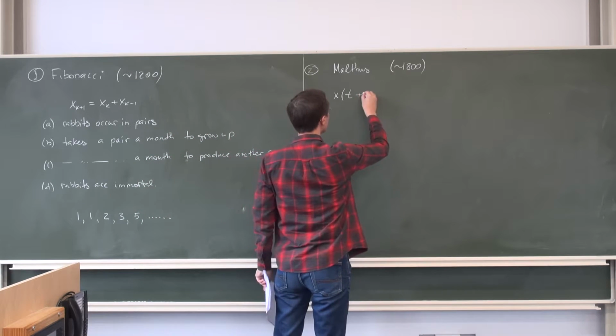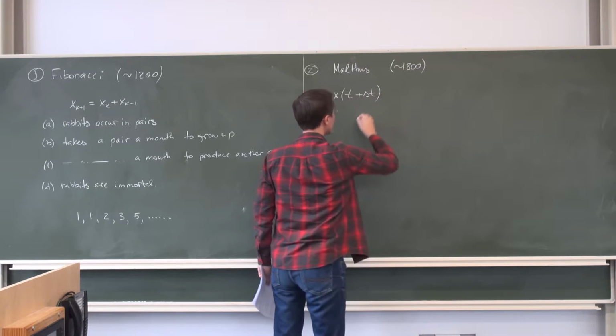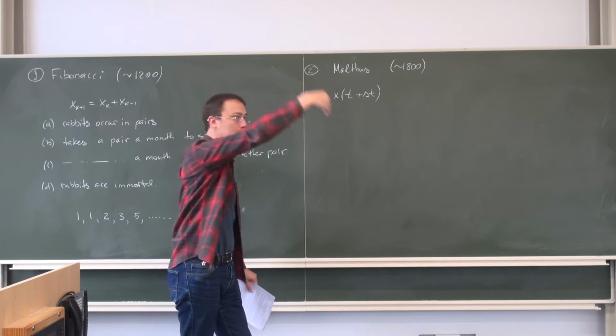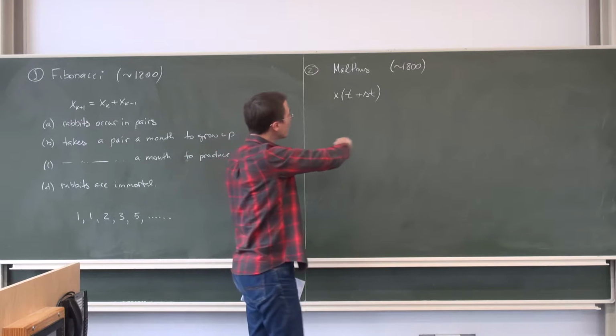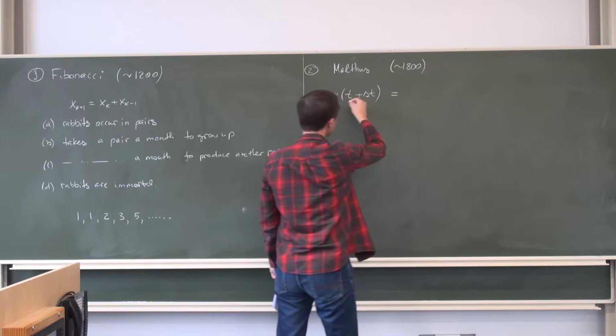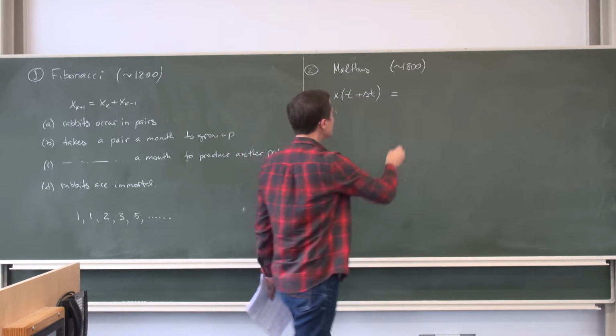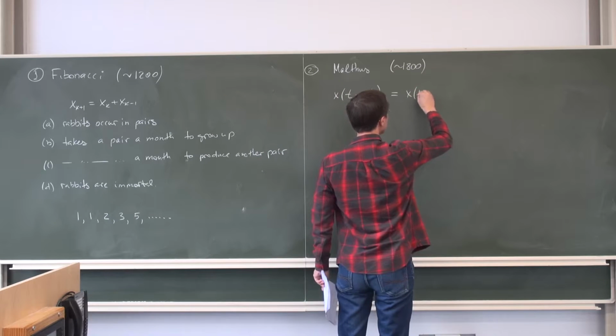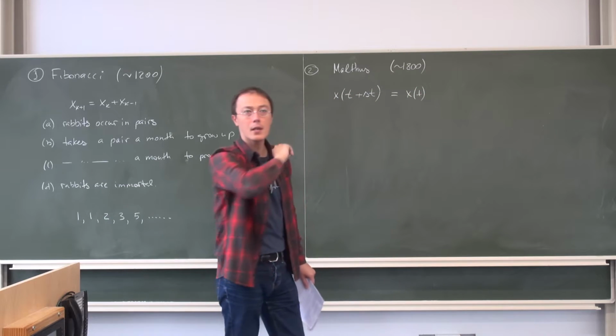So t plus delta t, step forward in time. Well, clearly the population count at t plus delta t will be the population count at t plus some modifications.